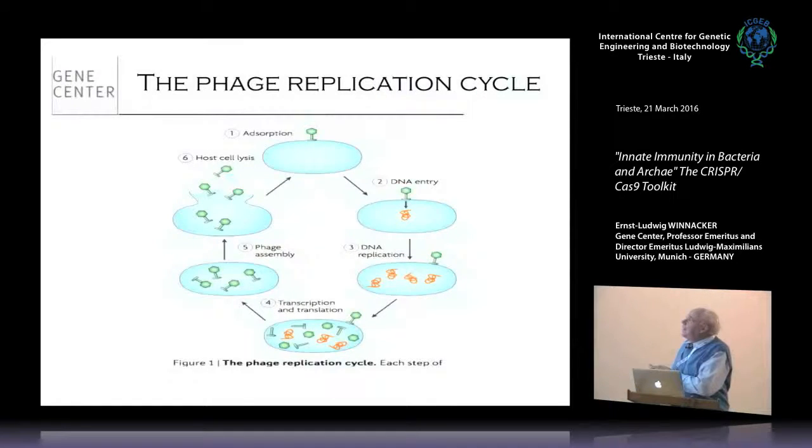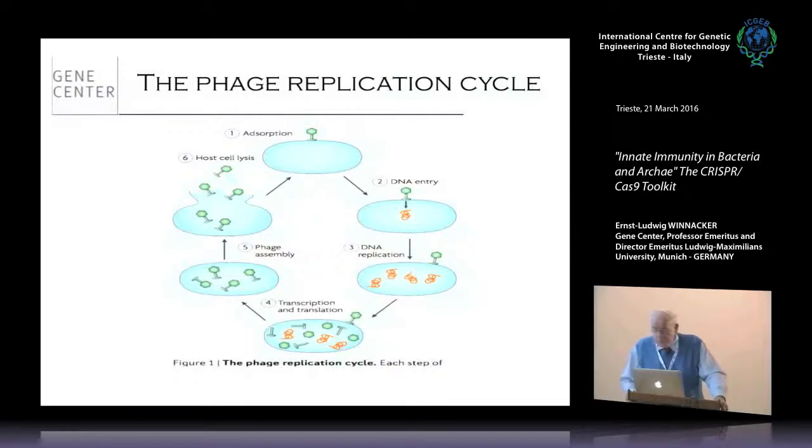There is, of course, a very old mechanism, restriction modification, which was discovered in the 50s, by Bertani and others in Stockholm, and that led to the first phase of recombinant DNA research, restriction enzymes, which of course are enzymes which destroy DNA, and now you can buy them everywhere. But I'm not going to talk about this restriction modification system.